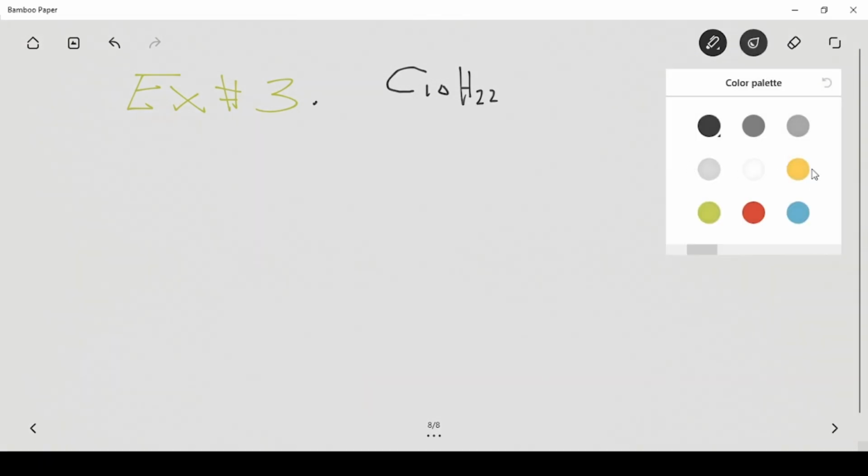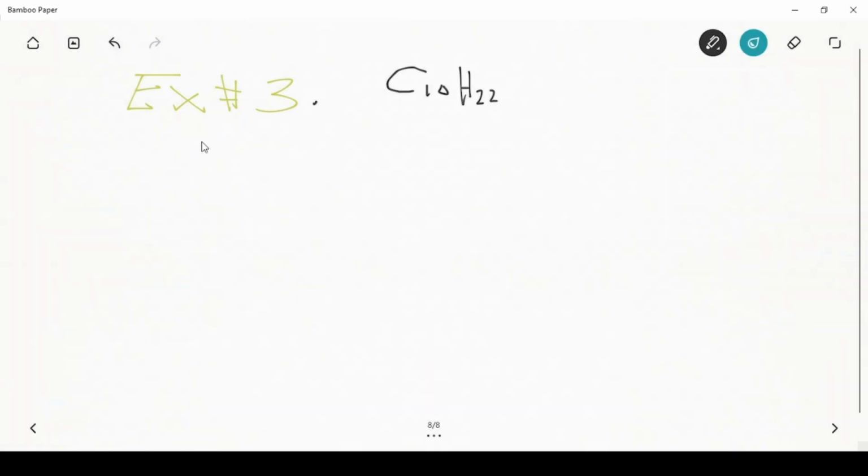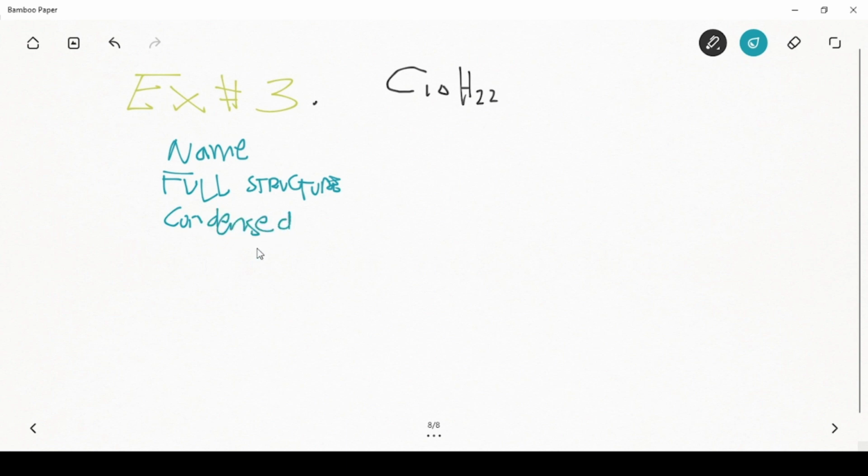Now, the teacher wants you to get the name of the compound, the full structure of the compound, the condensed structure of the compound, and lastly the skeletal structure.